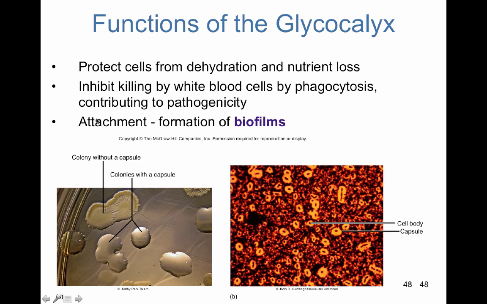Now, the glycocalyx also functions in the formation of these highly complex bacterial communities called biofilms, which we're just recently learning a lot more about how fascinating these structures are, because we think of bacteria as being single-celled organisms that exist solely on their own, so one single unit by itself.